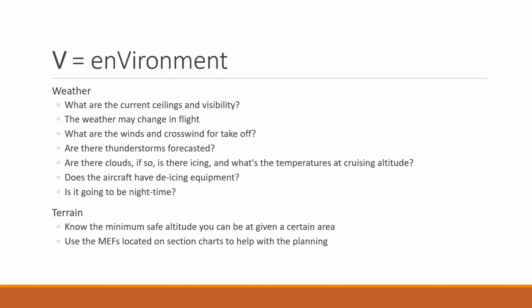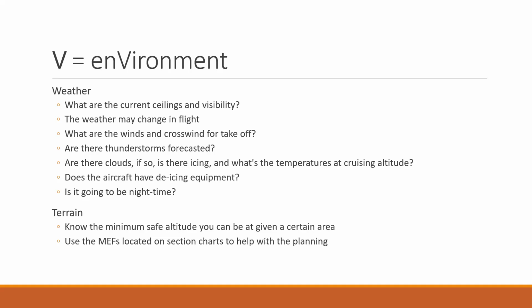The other thing that's included in this is terrain. So we didn't really talk about what these are, but on a sectional chart, each section between lines of latitude and longitude has what's called a minimum elevation figure. So these are a number that's assigned to that section.